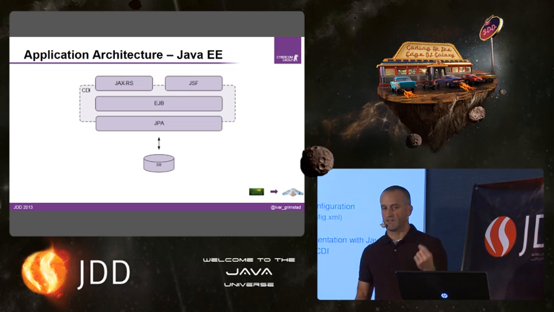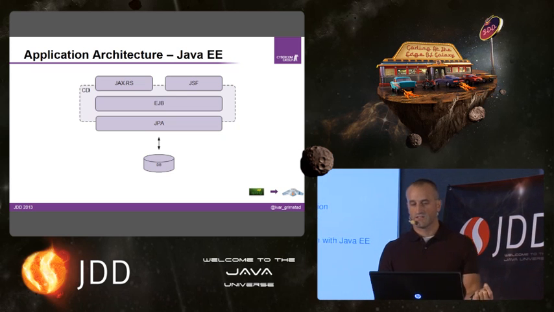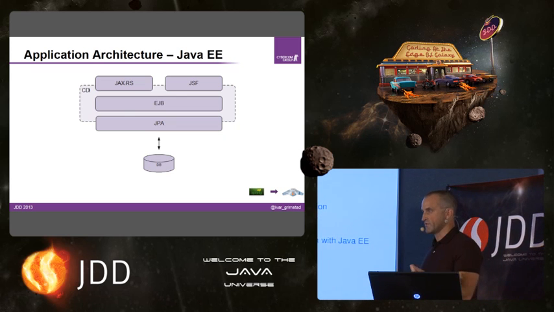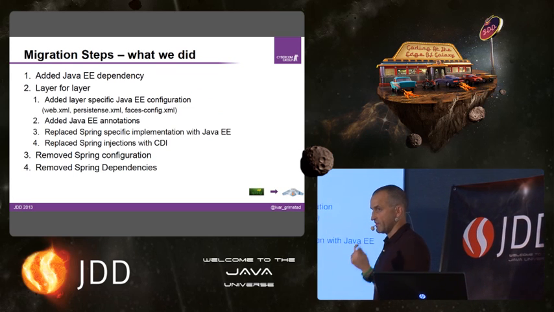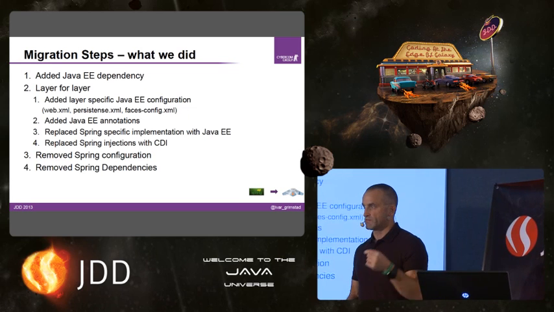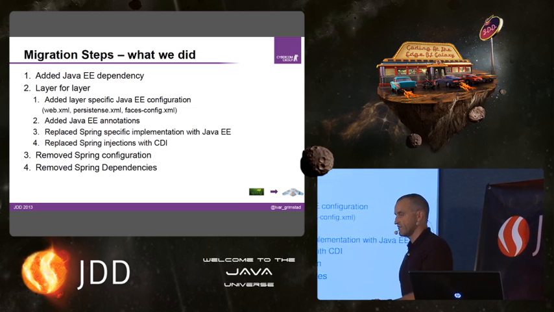So what I've done is that I've added Java EE layer by layer. I've changed the configuration to use Java EE. I've switched from using the Spring MVC servlet in web.xml to JavaServer Faces. I've added a persistence.xml file.